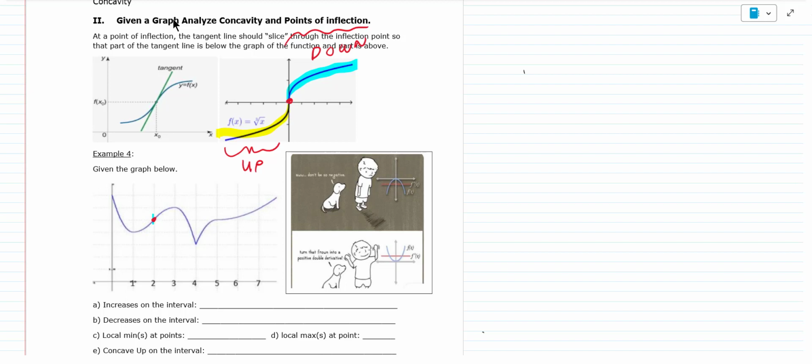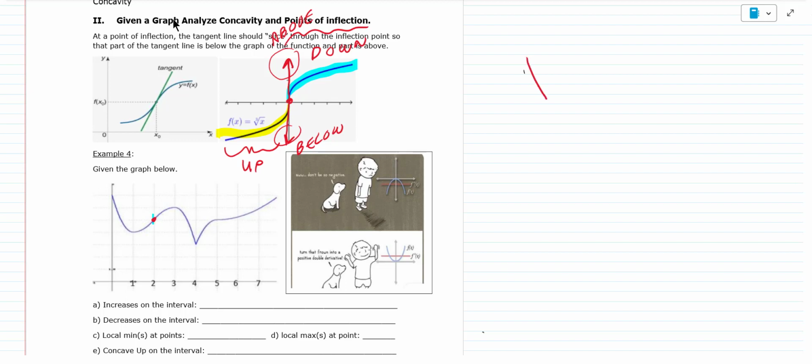So this is an inflection point right here. Now what happens if you draw a tangent line at an inflection point, it'll slice right through the graph, and part of it will be below the graph and part of it will be above. So you're going to see that this piece right here is above the graph. This piece right here is below. That's what inflection points do.